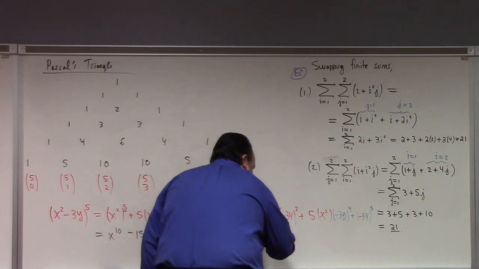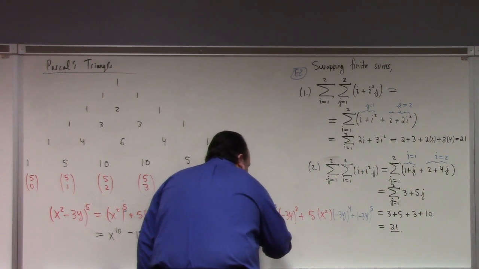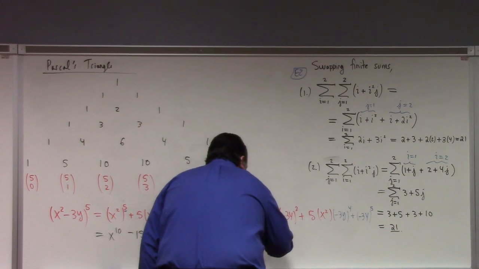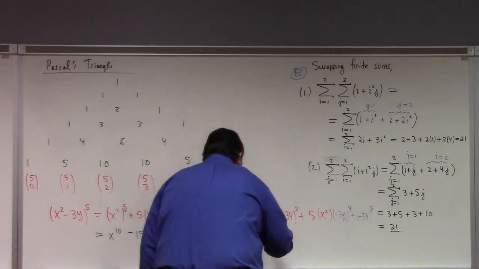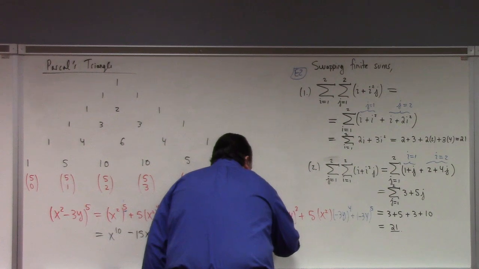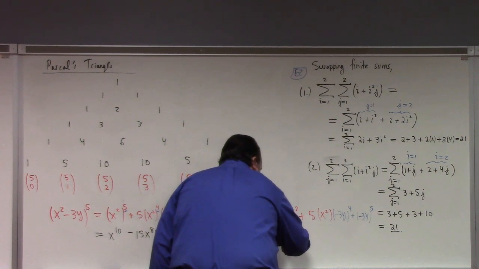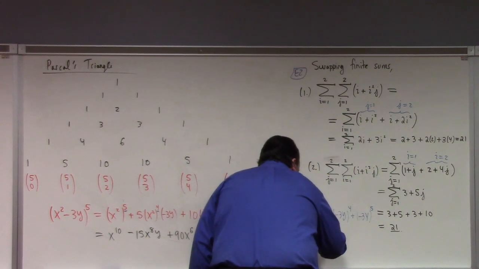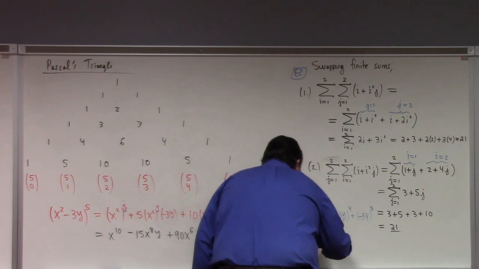What's 5 times 81? 405? Okay, 405. So plus 405 x squared y to the 4th, minus 243 y to the 5th. There you go.